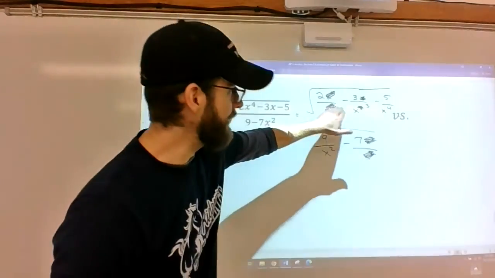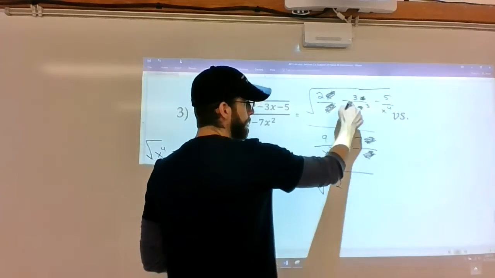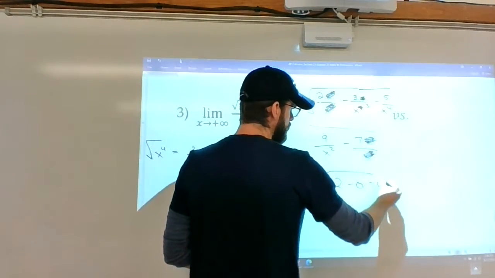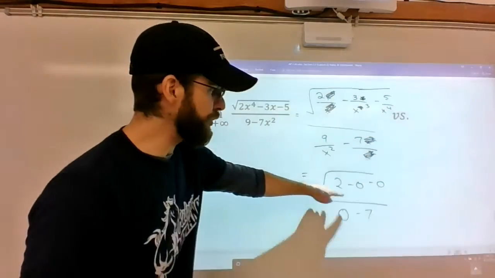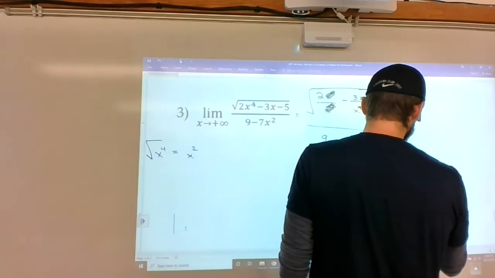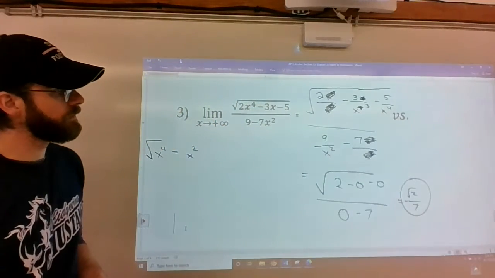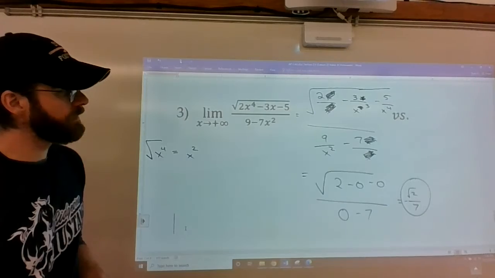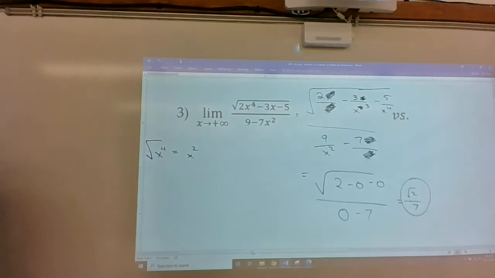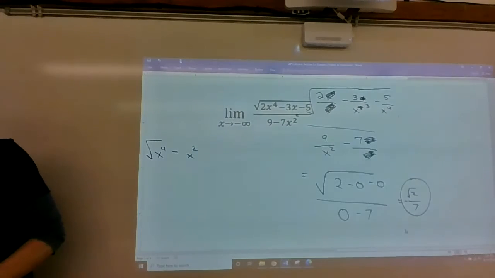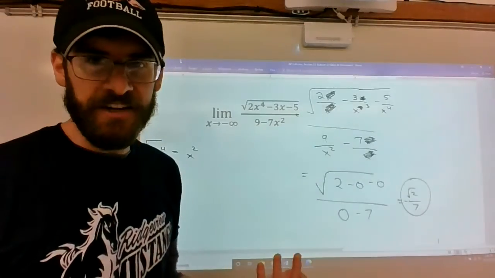So apply the limit as x approaches infinity, and you're left with root 2 minus 0 over 0 minus 7. Root 2 over negative 7. So then your work would be identical over here. Same exact thing.